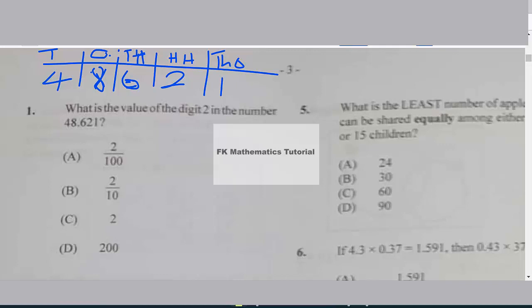So the value of 2 is 200th, and 200th is written as 2 over 100. So the correct answer is option A.